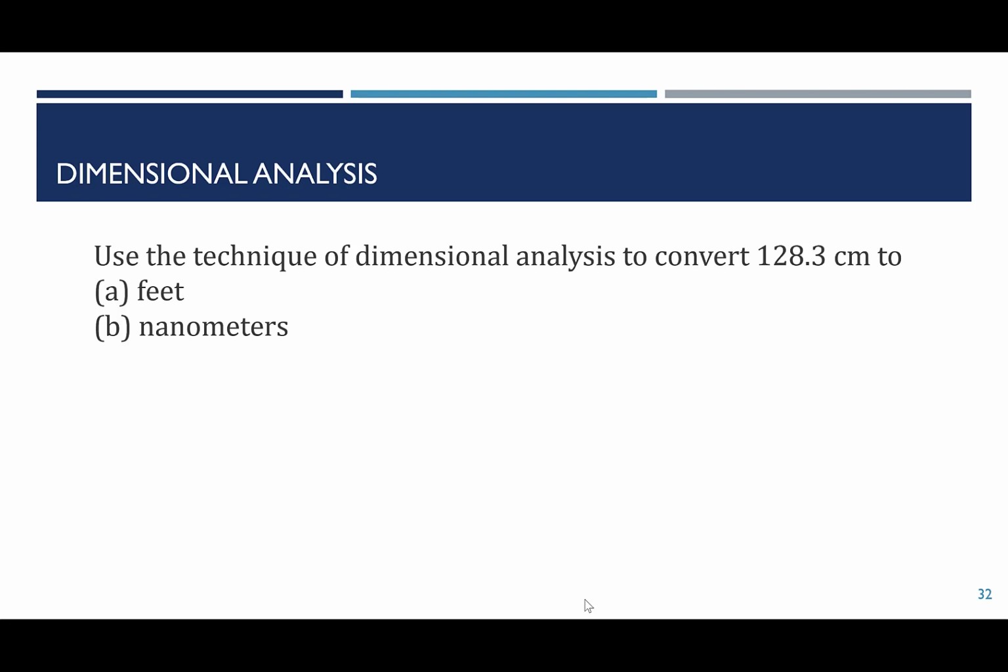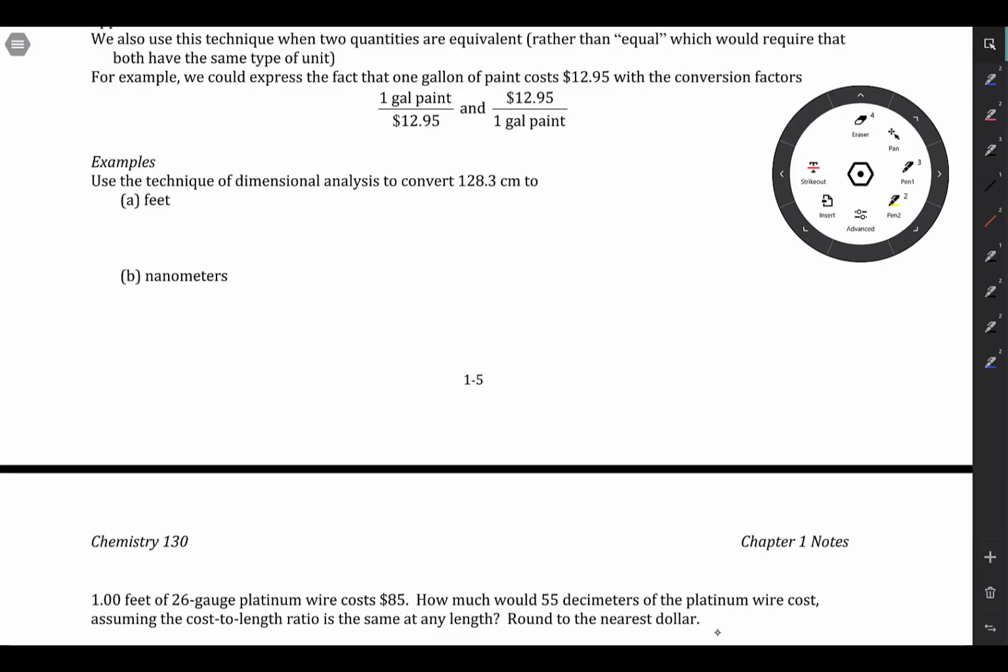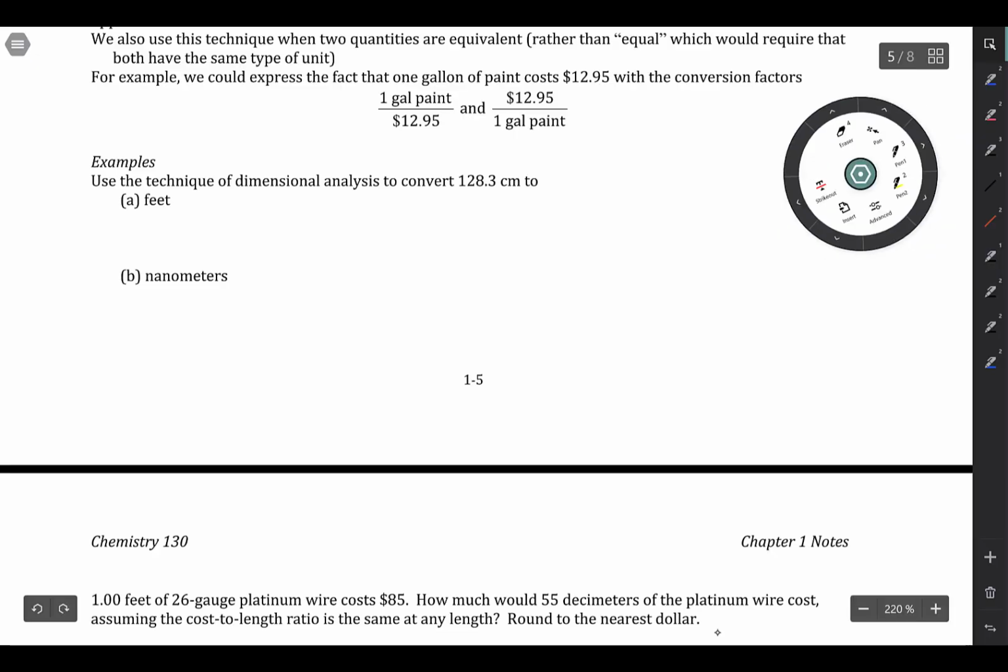So we're going to go ahead here and use dimensional analysis to convert 128.3 centimeters, first of all to feet, which is a non-SI unit, and then to nanometers. So what we're going to do here is we will just simply start with the relationships we need.